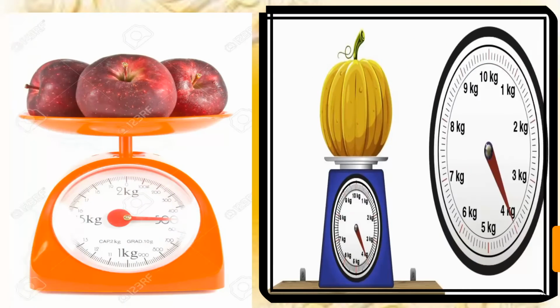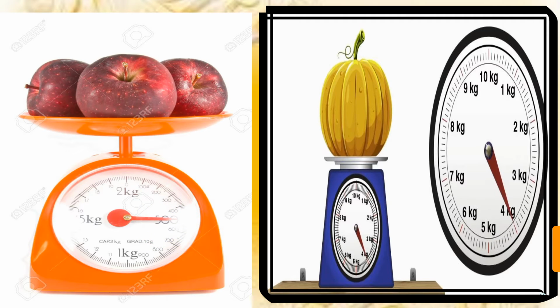Everyone, let's see. This weighing balance is able to weigh things of 2 kg. Again, the weight of 3 apples is 500 grams. It means 1 kg is here, so half of 1 kg. Half of 1 kg means half of 1000 grams, and half of 1000 grams is 500 grams.